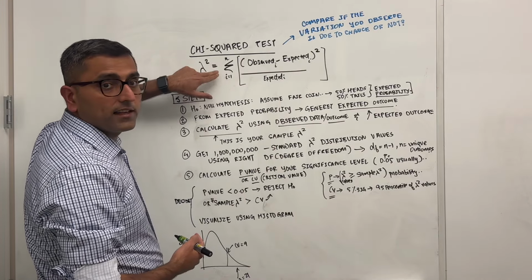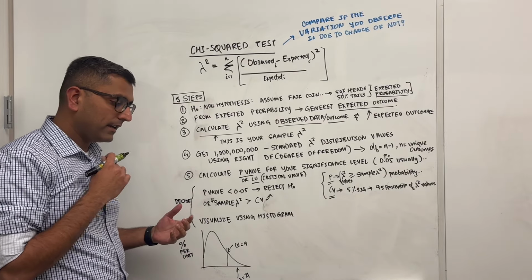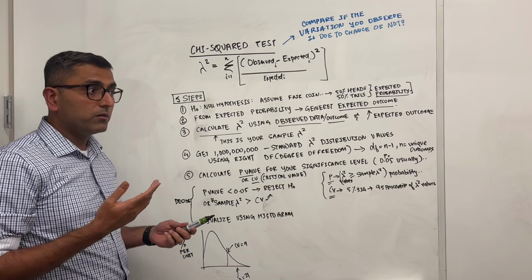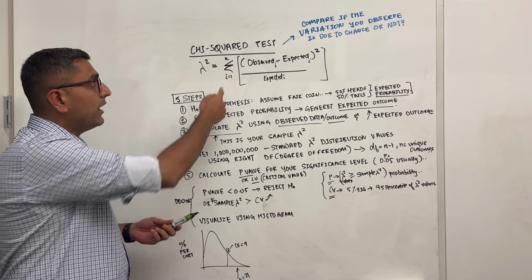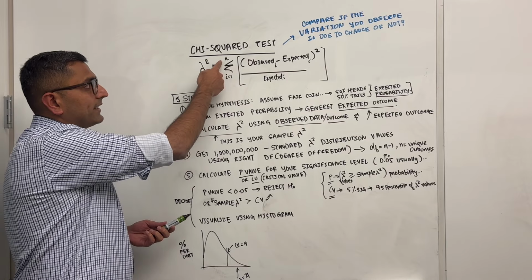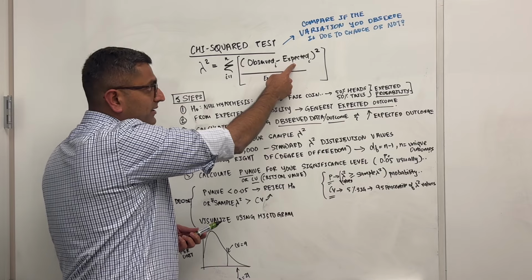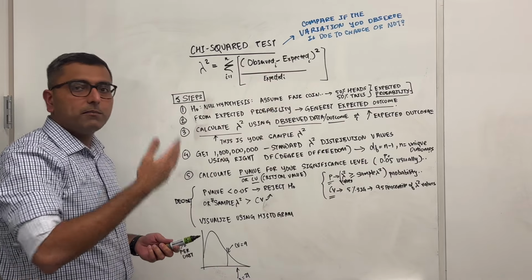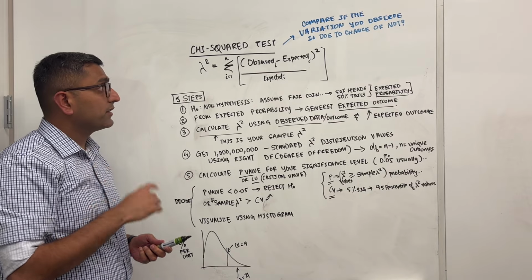Say you have a dice cube that you want to find out whether it's fair or not. It has 6 sides, so i goes from 1 to 6, because there are 6 possible observations and expectations. Similarly, you could have any number of observations and expectations for your data points.